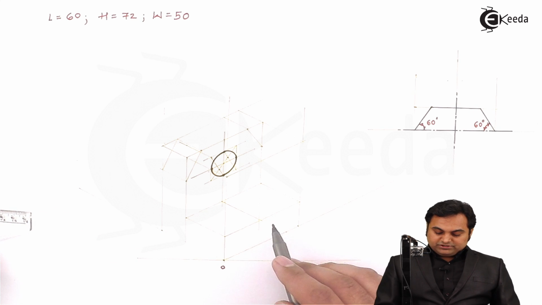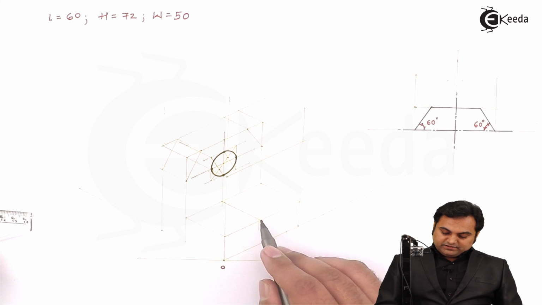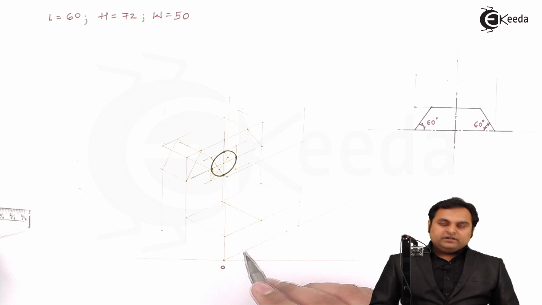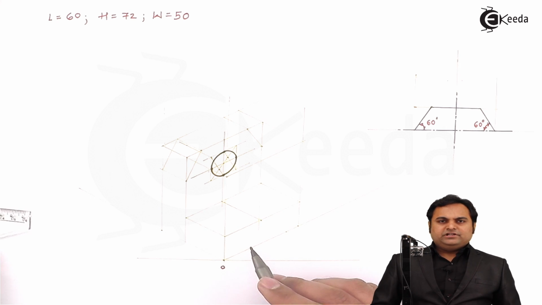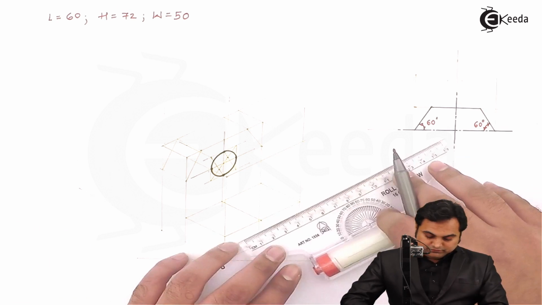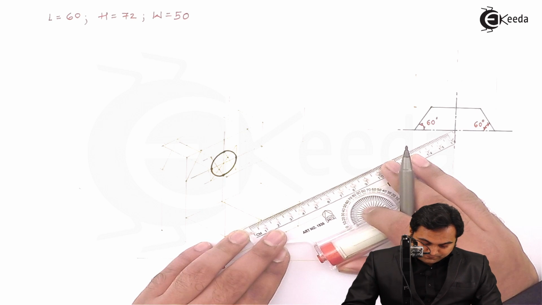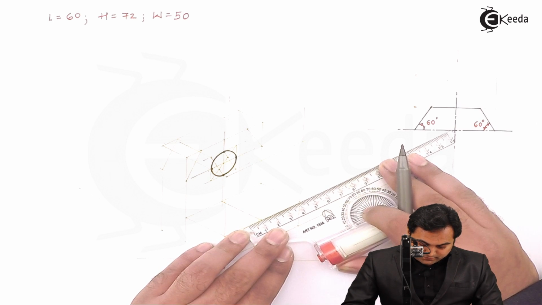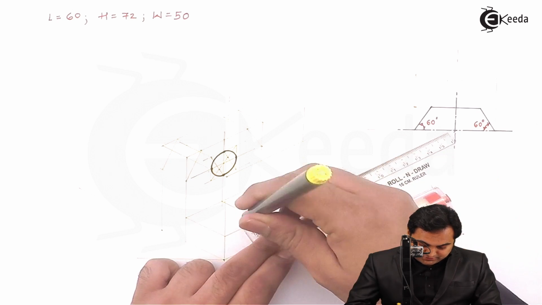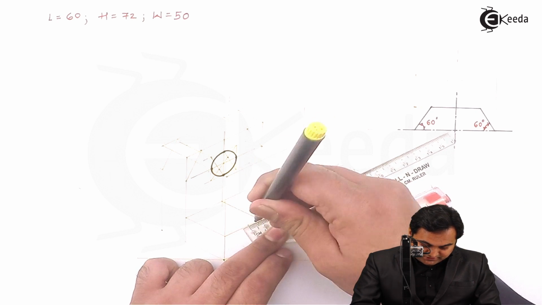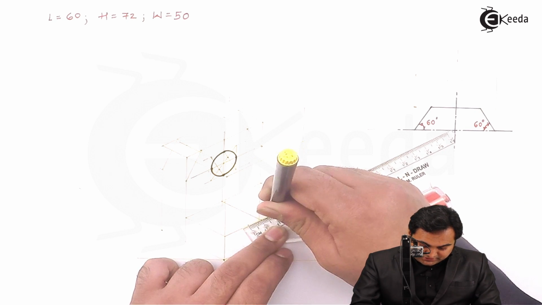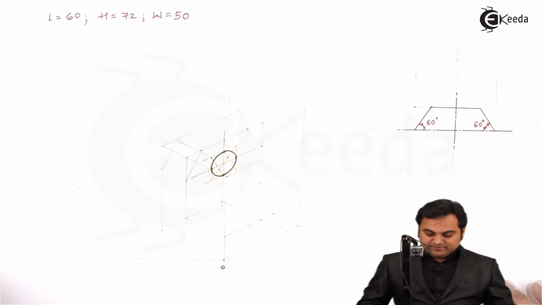Now I have to draw this semicircle, taking this center point as the reference. Radius is 10 mm, so the diameter is 20 mm. So from both the sides, I'll measure 10 mm on one side, 10 mm on the other side. That gives me the value as 20 mm.